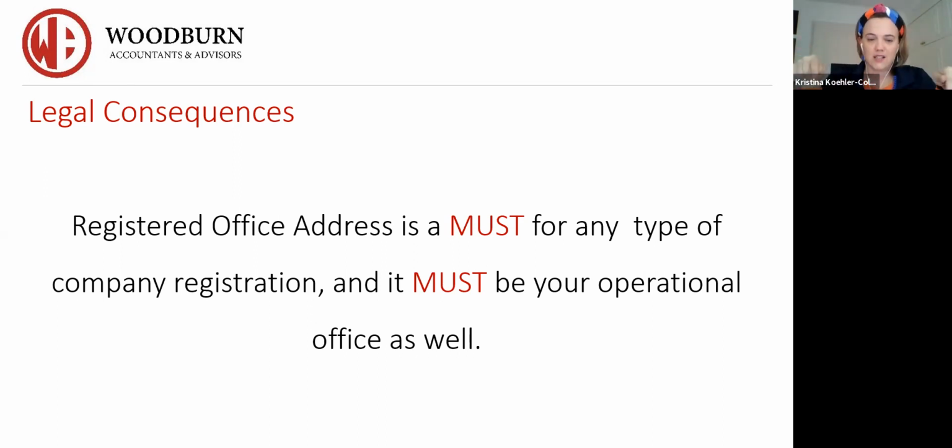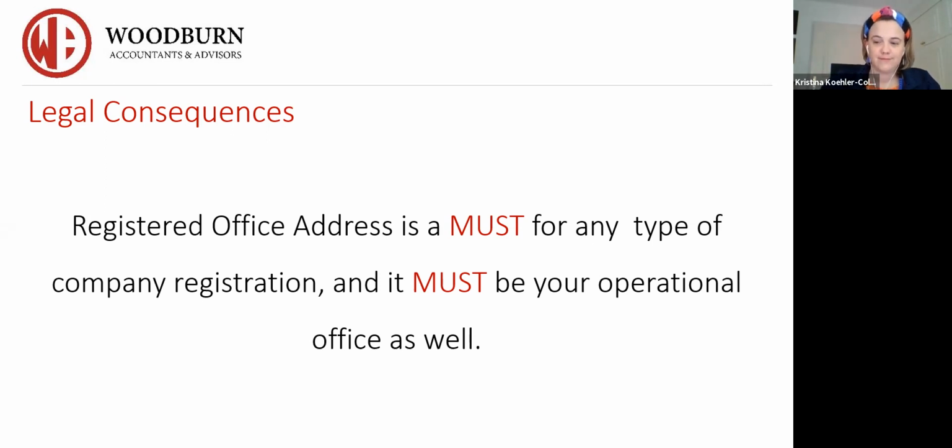Your business license will state what that registered office address is. That registered office address will be in all government systems, all the way from the Ministry of Commerce to the State Administration of Foreign Exchange, to the bank, to the tax bureau. Everybody will know that address. Hence, it must be your operational office as well.